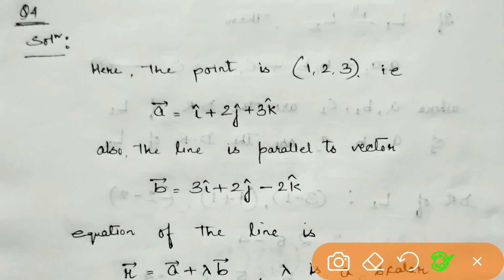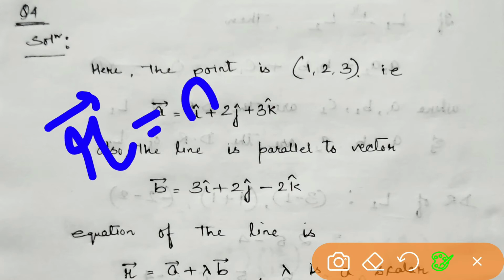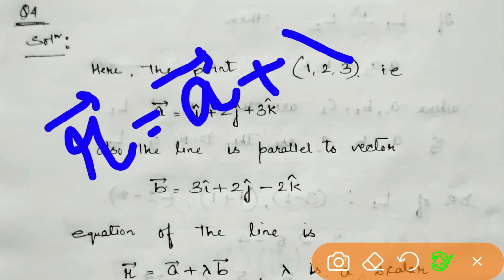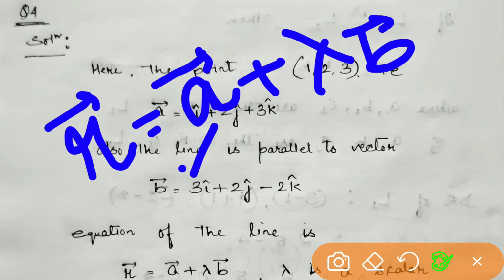Question number 4 says that find the equation of a line which passes through the point and is parallel to the vector. Okay, this is based on the equation of a line passing through one point and parallel to a given vector. So our equation was r equals a plus lambda b, right? We need to get this from our point. This is the parallel vector.